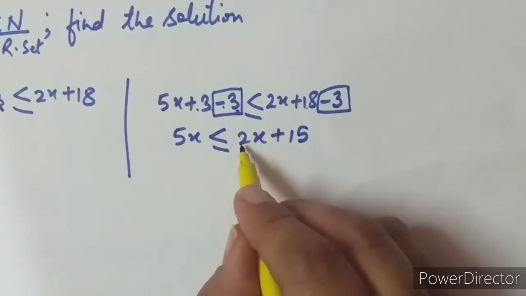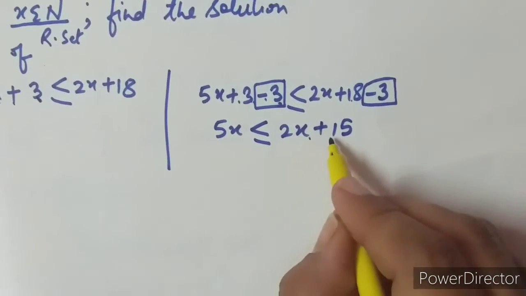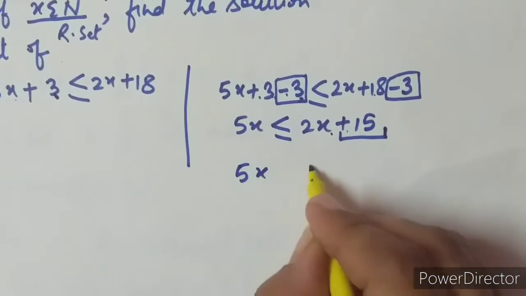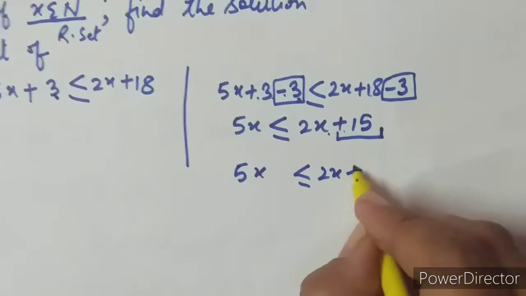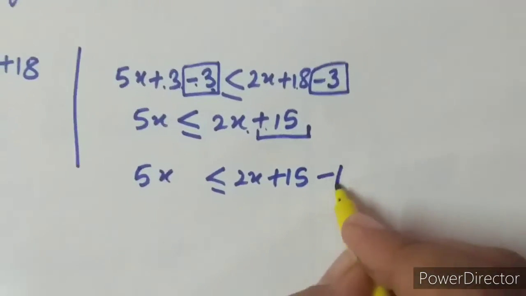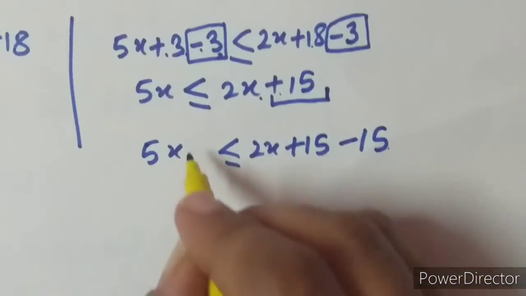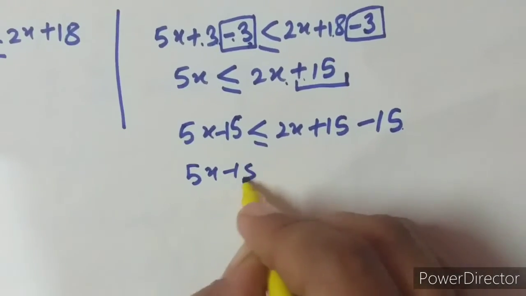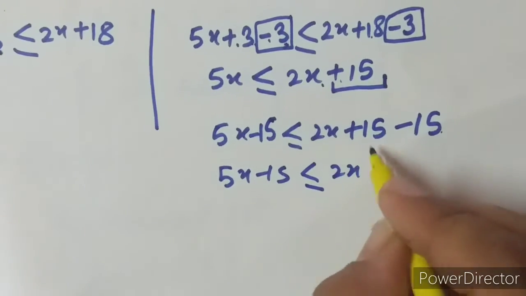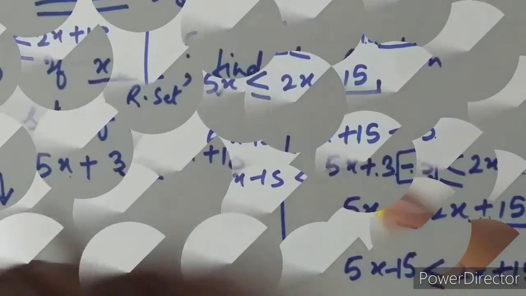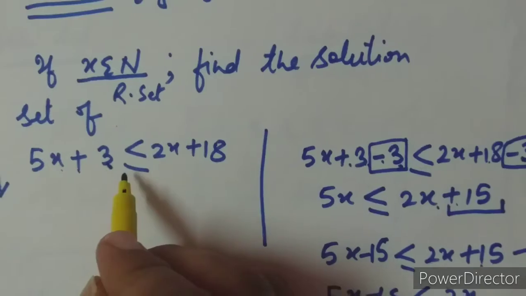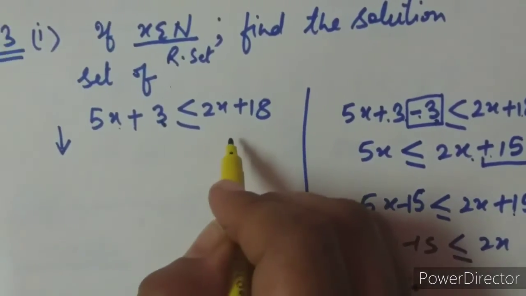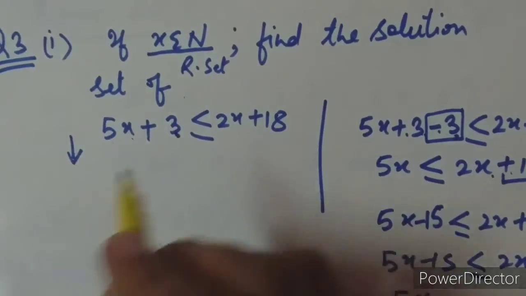Now, to remove plus 15 from here, we add minus 15 on both sides, so that 5x minus 15 gives 2x. But we will solve this by the modern rules, and I have explained those very easy rules in my previous videos, and you will remember them.